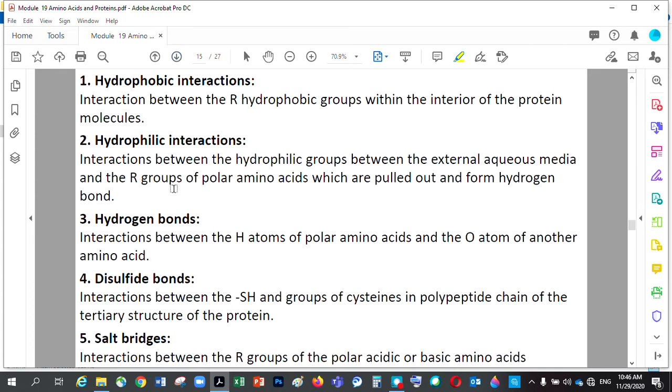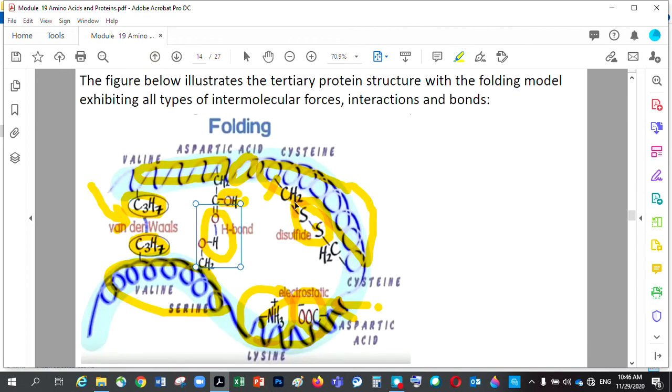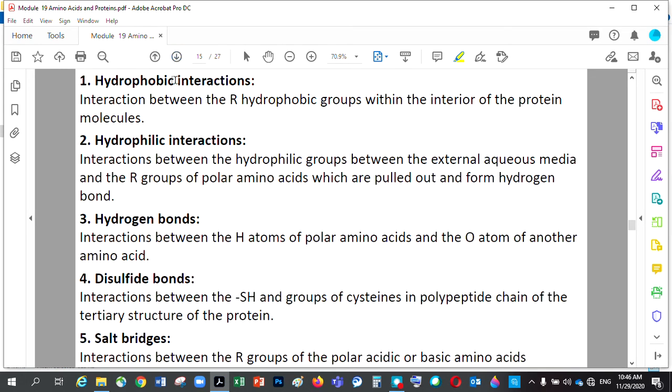And if you go to disulfide bridge, we went through this together. That's the disulfide bridge here, or bond. Okay, disulfide bonds. And then you have salt bridge if you have ionic interactions, correct? Ionic interactions there.